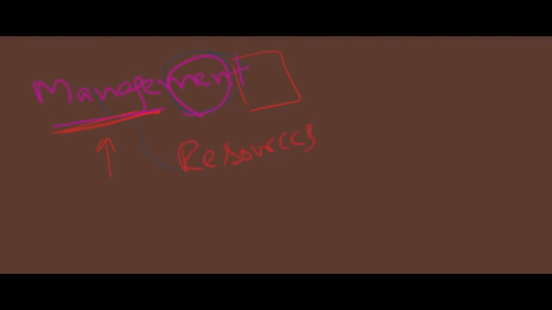You have five types of resources, 5M, that is men or women, material, money, machinery, and market. So you need to manage resources. What is T? T is tactfully.